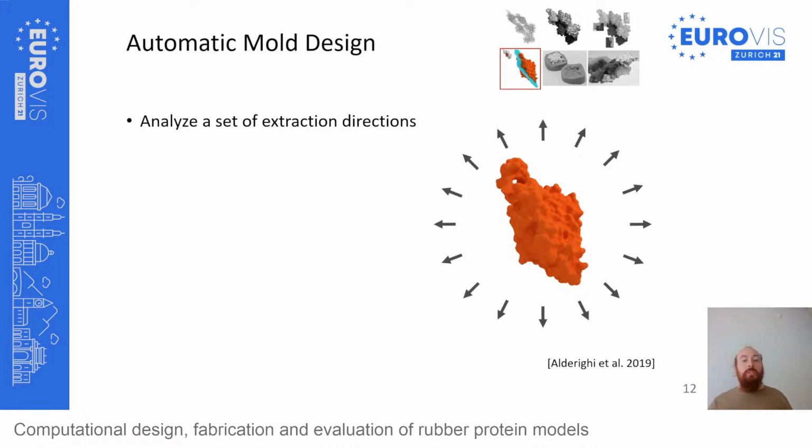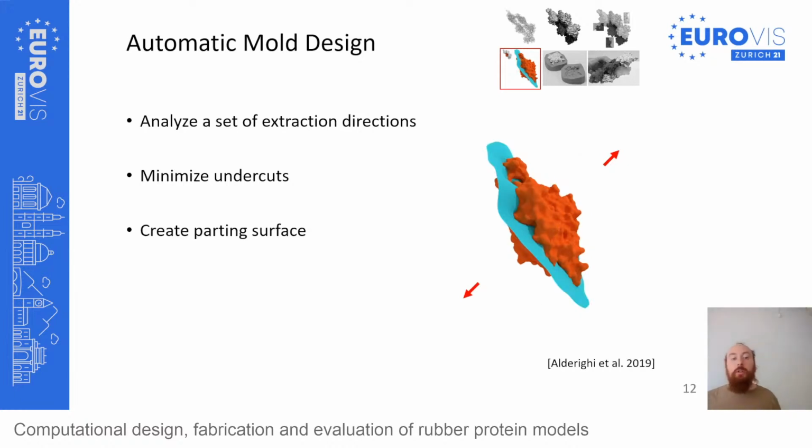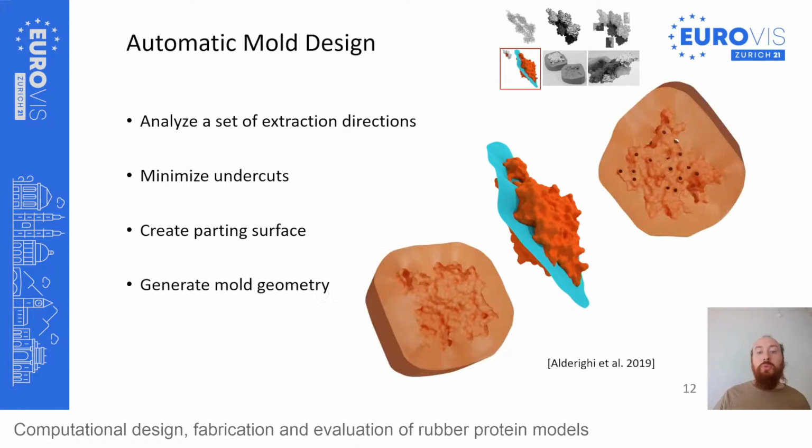What we do is, given a subunit, we analyze a set of extraction directions around it and find the pair of extraction directions that minimizes the number of undercuts present on the surface. Since the proteins are made of soft materials, we allow some undercut to be present. Then, given this pair of directions, the algorithm automatically defines the geometry of the parting surface, and this parting surface will then be the base for the automatic generation of the mold design.